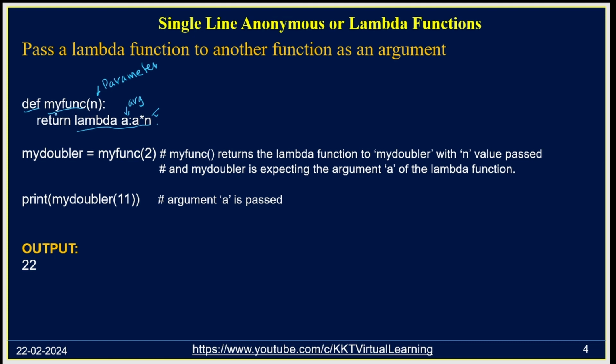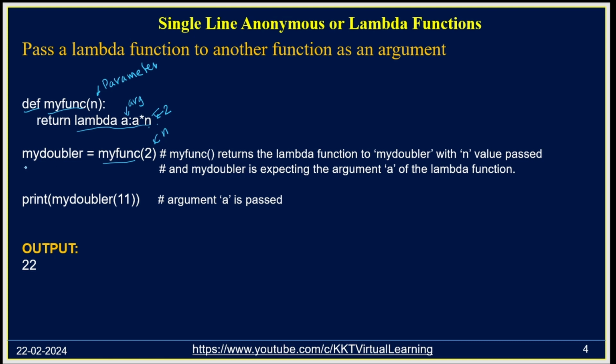Now, if you pass any value to myfunction, for example, myfunction(2), that means this 2 is n. So here you will have 2. So lambda a: a * 2 is the lambda function that will be returned by myfunction.